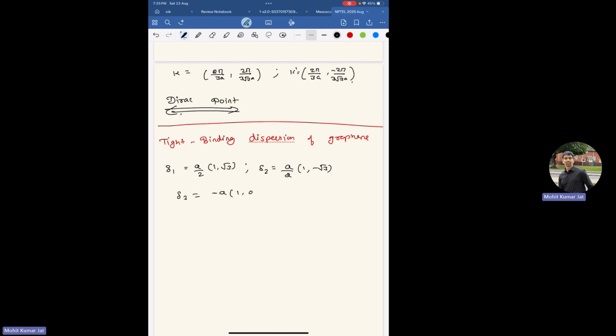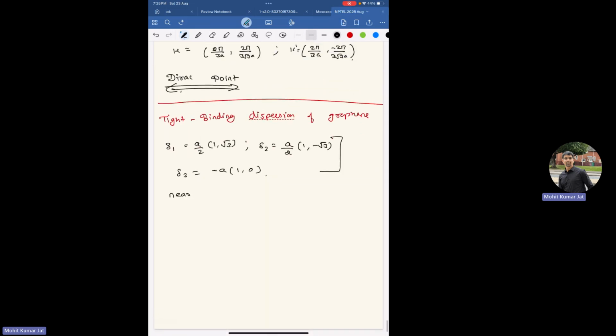And these are the nearest neighbor coordinates, 3 atoms, right? Now what about the next nearest? What are the coordinates of next nearest in case you want to solve? What about next nearest?